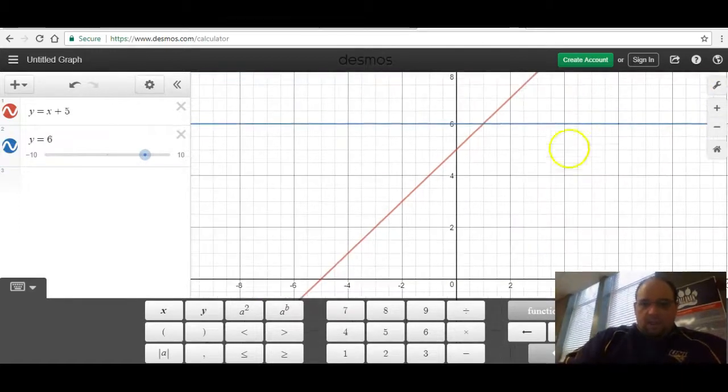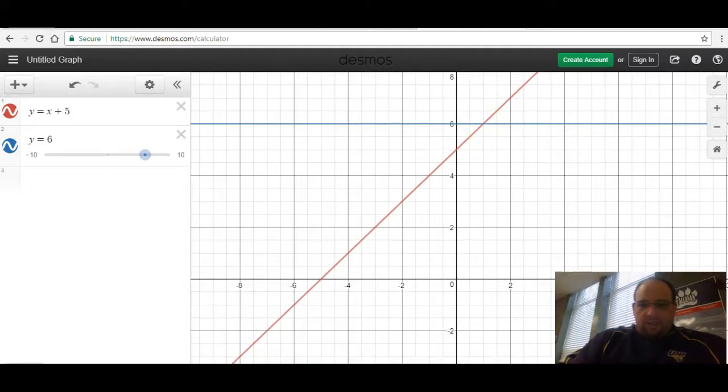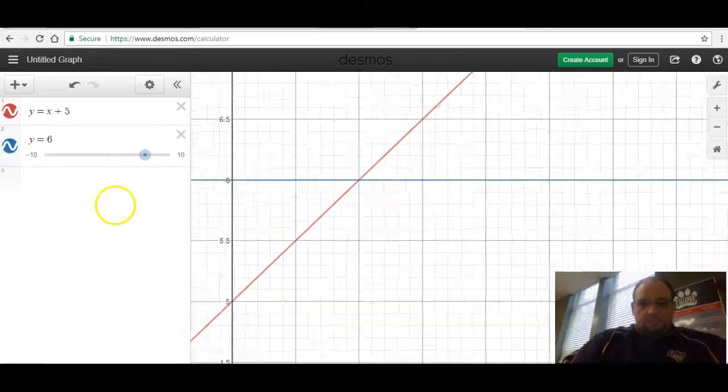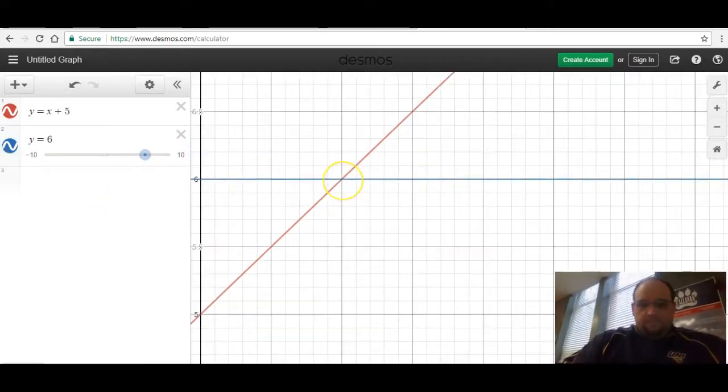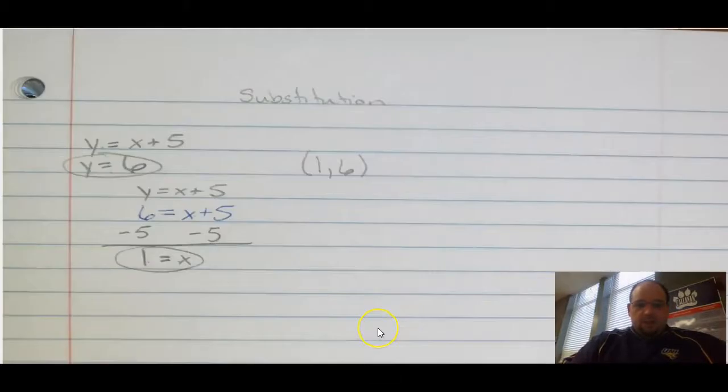So I'm going to look over here at the point where they intersect. And there we go. We get an answer of (1, 6). So that just confirms that, yes, I was correct in that. And so the answer was (1, 6).